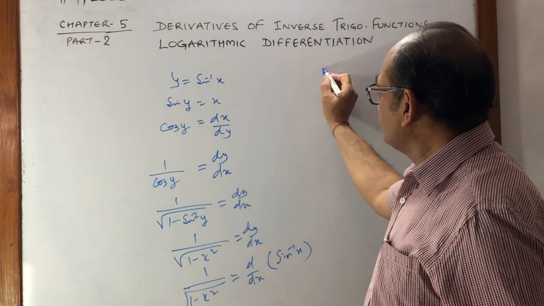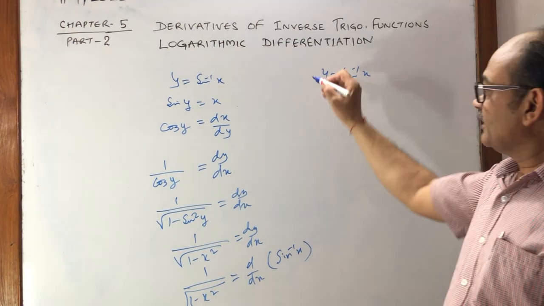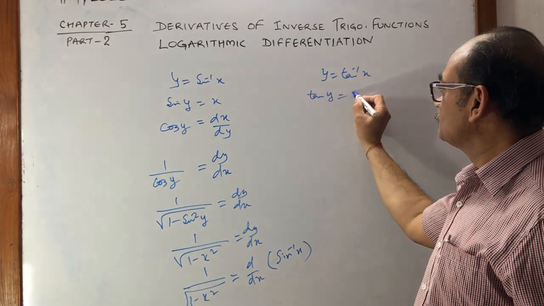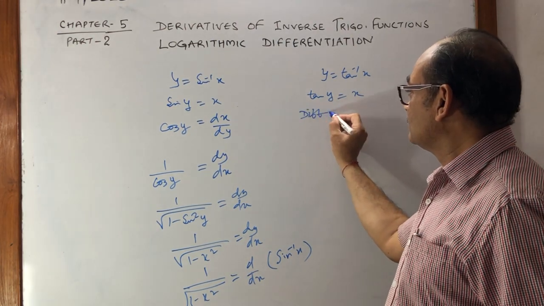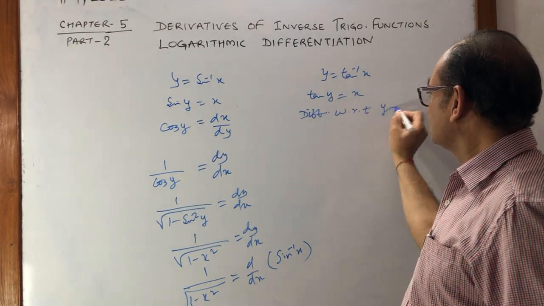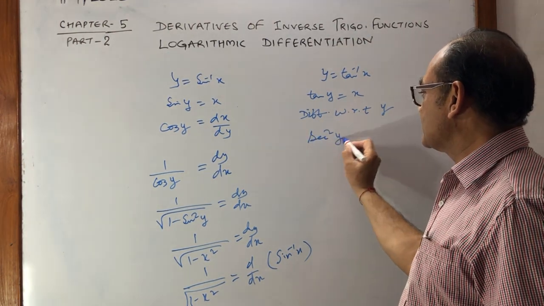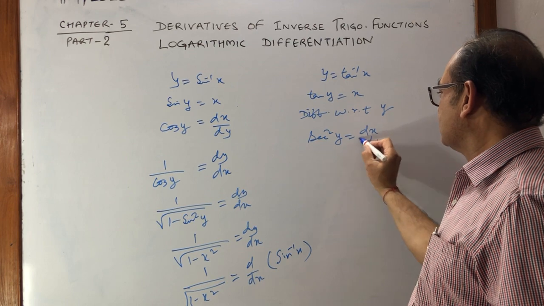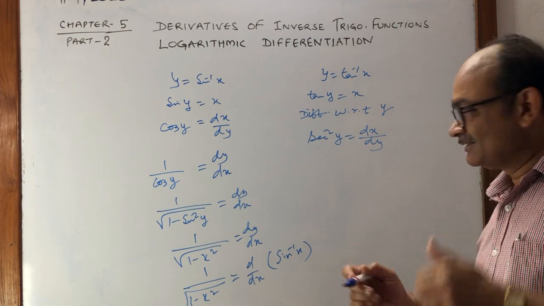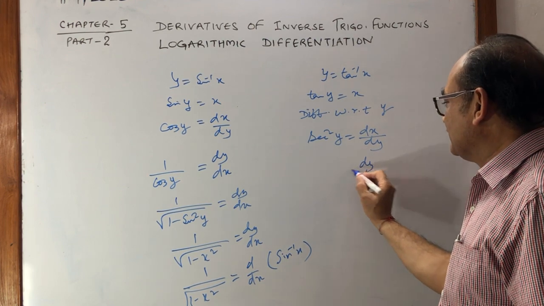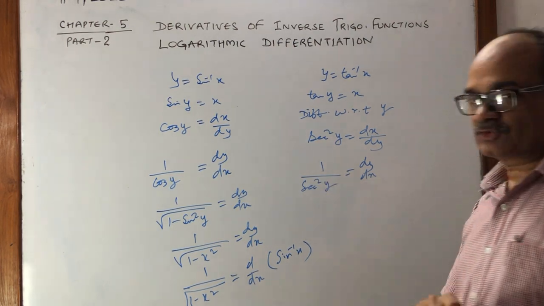Similarly, we can calculate for y equals tan inverse x. Tan y equals x. Again differentiating with respect to y, tan y differentiates to sec square y, and here it is dx by dy. But we want to calculate dy by dx, so dy by dx equals 1 upon sec square y.